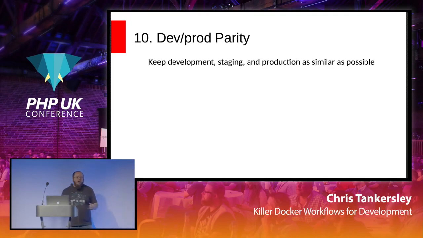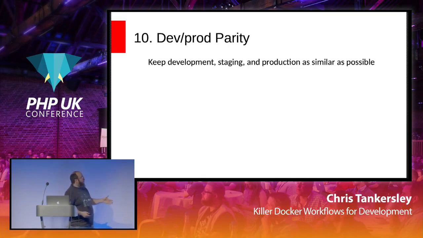When you pull it down to your machine, you can do things like host mount your volumes, so that the code you're live editing on your computer gets injected in, but you're still pulling down the same image you're using in production. Work with your team to make sure that your Docker Compose files, which should be in your repository and version controlled, are being properly pulled down, and you're all using that same kind of static build. Yes, the production image is probably fairly large, but you probably shouldn't be changing that terribly often.